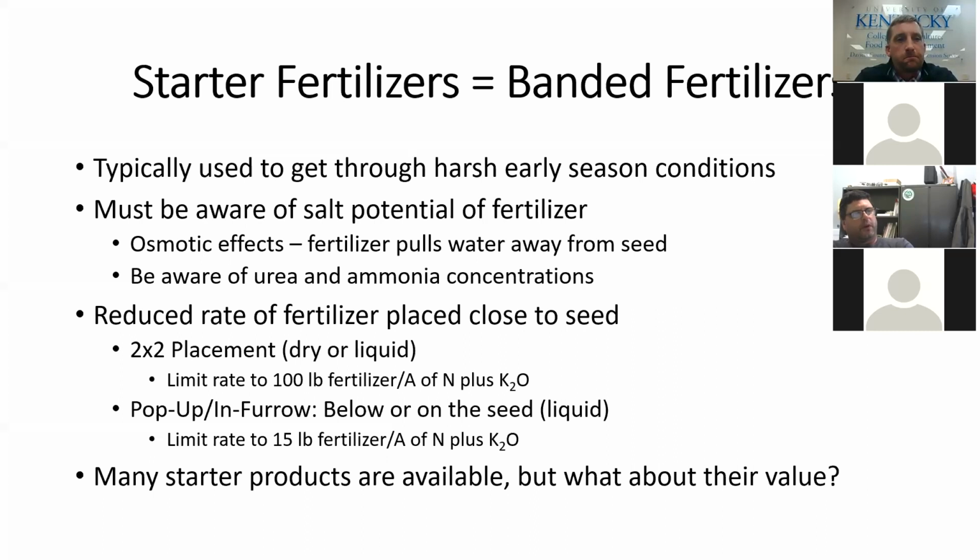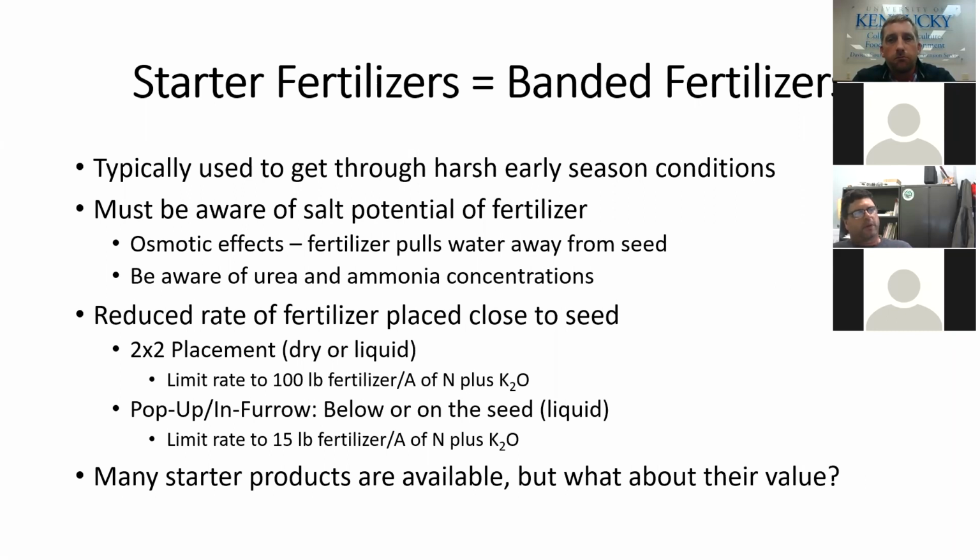We must be aware of these salt potentials, the fertilizer osmotic effects. I'm sure there's several people in this group that have kids that do 4-H country hams. I have 3 kids. I get 6 country hams every year. But what they're doing when they rub that salt mixture onto that country ham is drawing the moisture out of that ham so it cures.